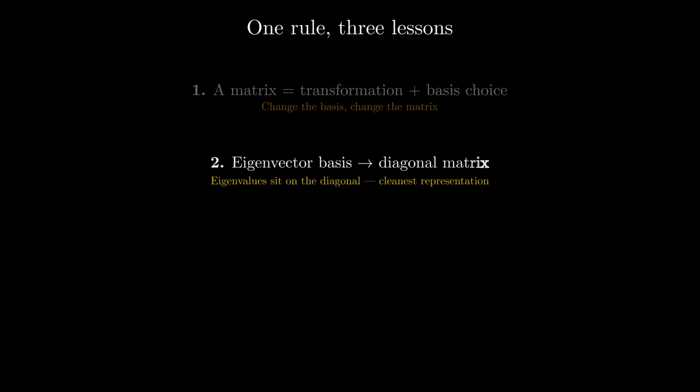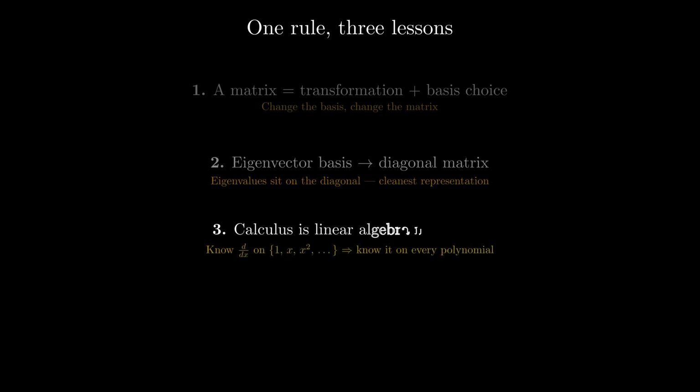One rule, 3 lessons. First, a matrix is not a transformation. It's a transformation wearing the clothes of a chosen basis. Change the clothes and you change the matrix. Second, eigenvectors give the cleanest clothes, putting the eigenvalues right on the diagonal and exposing what the transformation actually does. Third, calculus works because differentiation is linear.